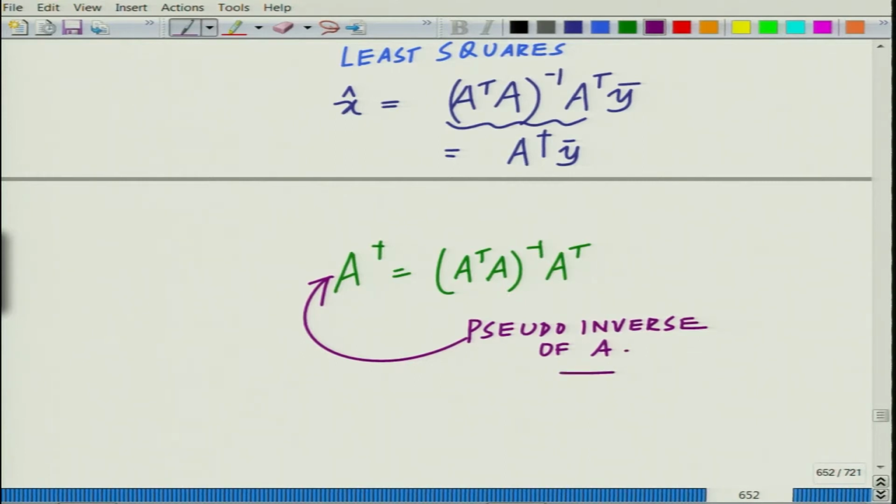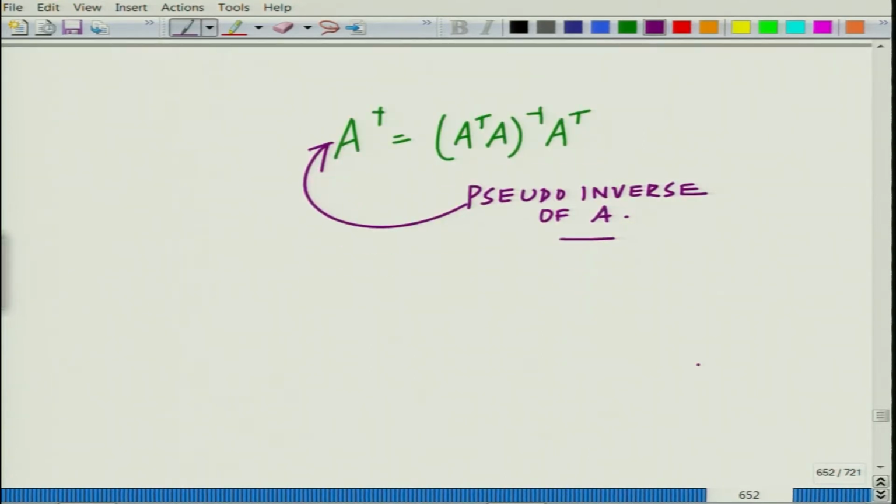Now, the point is, when does this exist? When can you write it in this fashion? Remember, we have not looked into that.